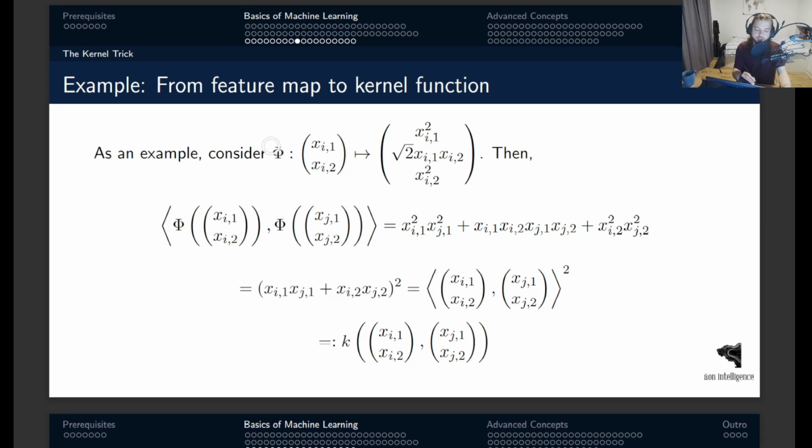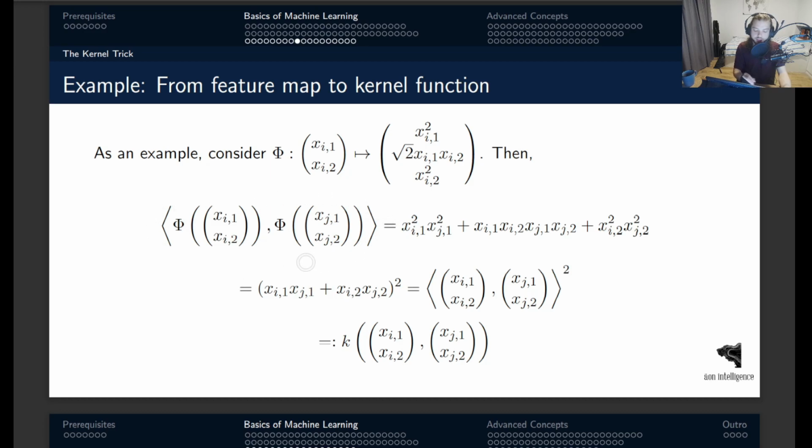So we have this feature map phi, and we want to arrive at the corresponding kernel function. Again, this is the less interesting case where we start with the mapping phi and arrive at the kernel function. On the next slide, we will look at the case where you start with a kernel function and arrive at the corresponding feature map. But let's still do this little exercise.